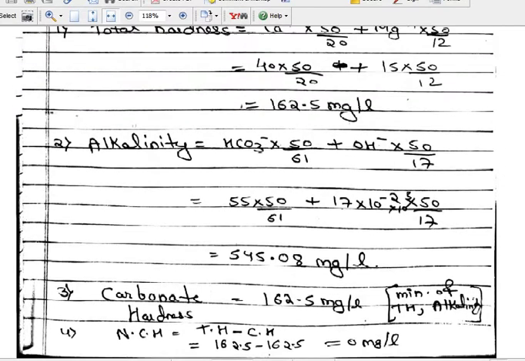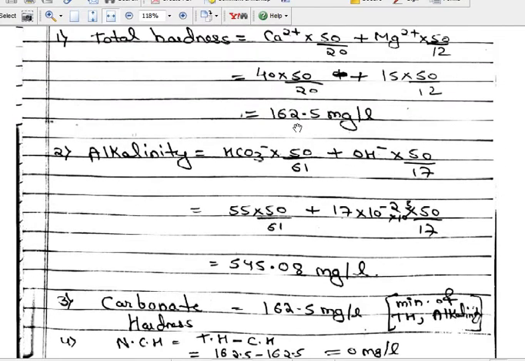Now see here, total hardness is 162.5 and alkalinity we have got 545.02. From these two we can find out the carbonate hardness, because carbonate hardness is the minimum of total hardness and alkalinity, that you know. So 162 is the smaller value.